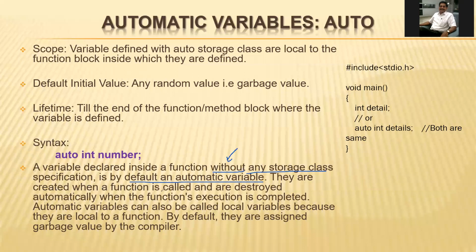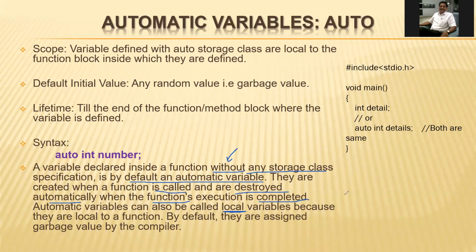They are created when a function is called and destroyed automatically when the function's execution is completed. The automatic variables can also be called local variables.